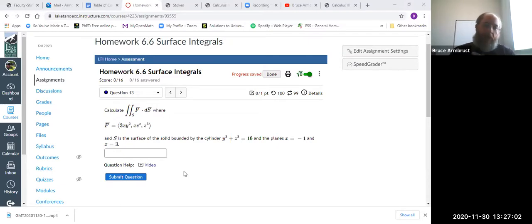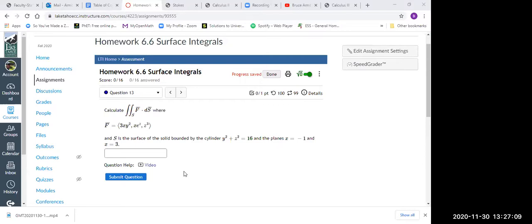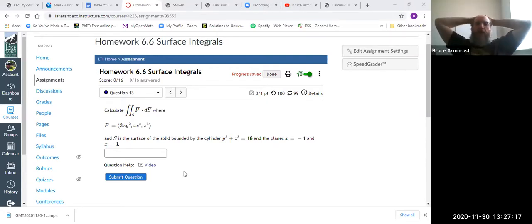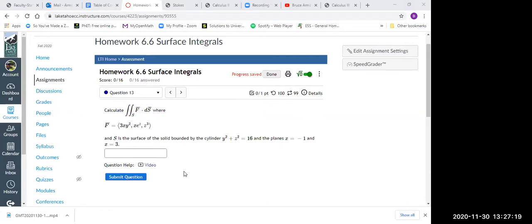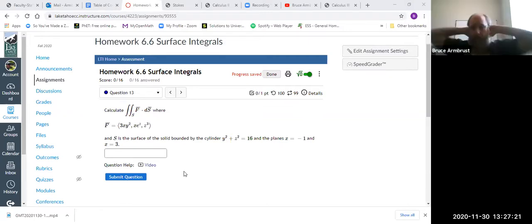What are we actually calculating when we do this integral of f dotted with dS? The area. I don't know, I guess it would be the flux, right? Okay, so area would be if we were just integrating 1 with respect to dS. But this one is a vector integral, and so f dotted with dS is the flux over these surfaces.